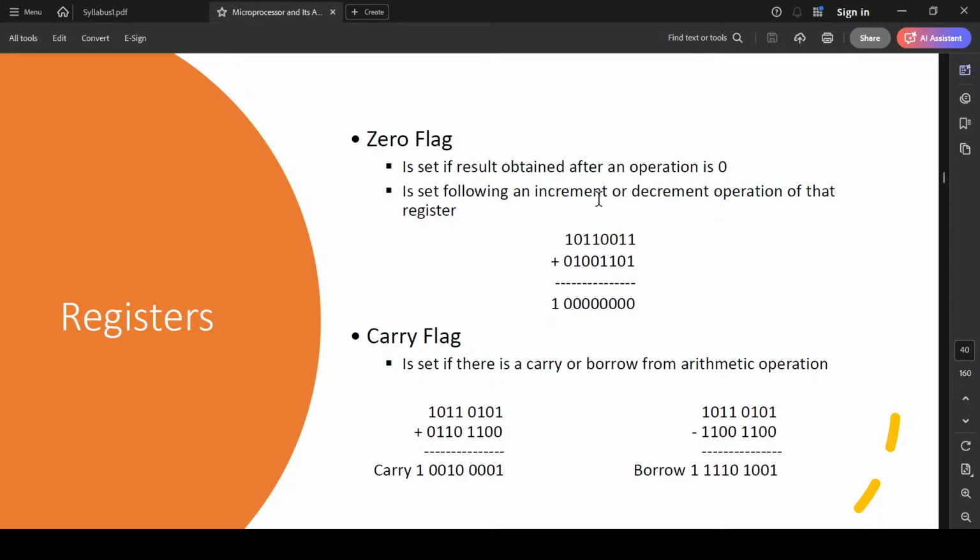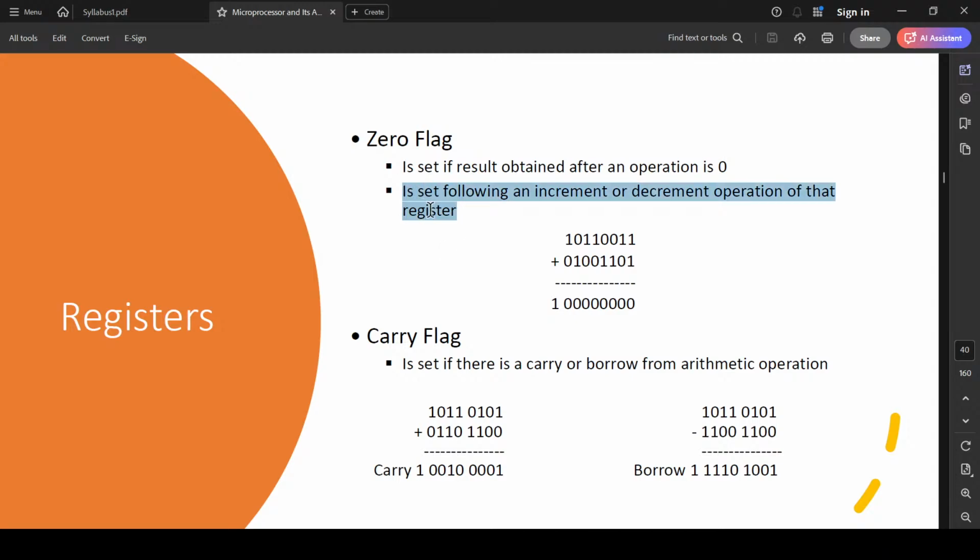So it is one if the operation answer is zero, and also one following an increment or decrement operation of that register. It means, let me just ask ChatGPT.